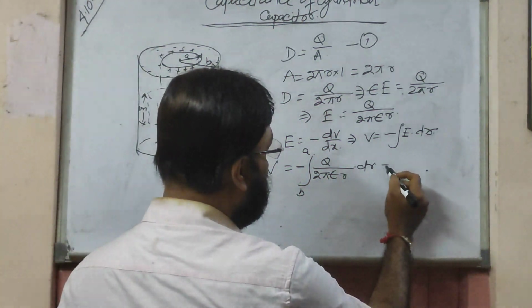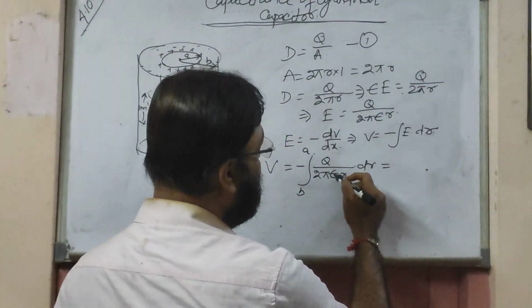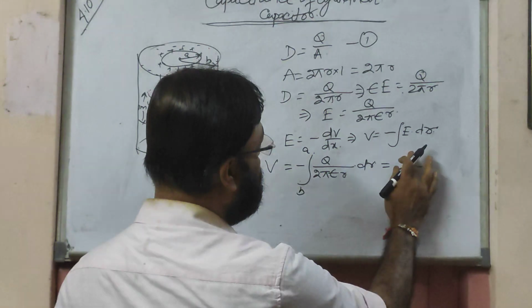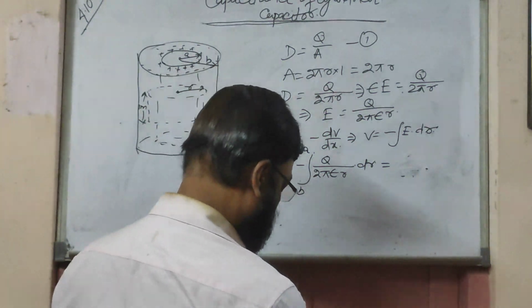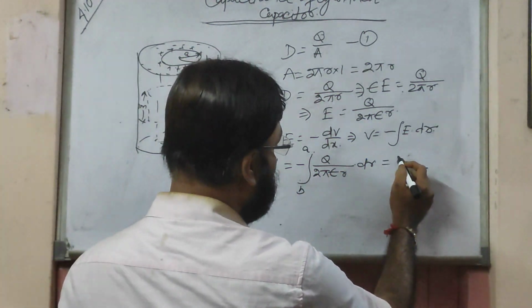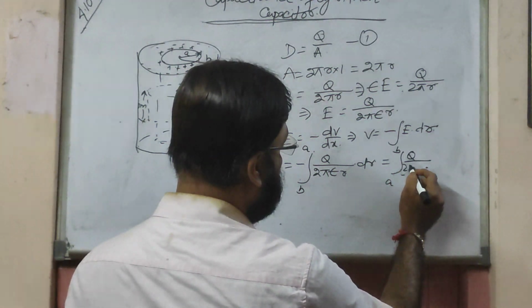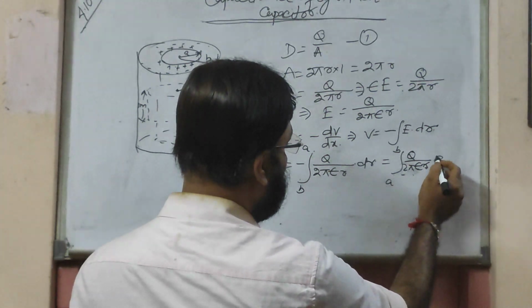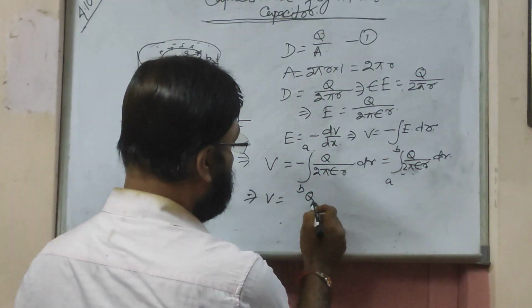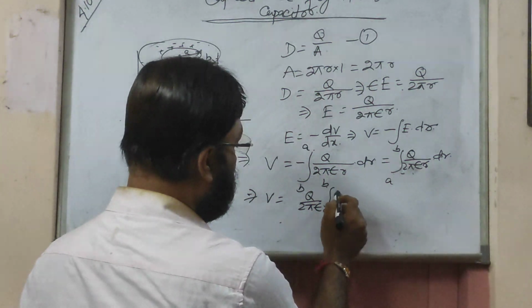Now if we take the integration, it will be minus Q by 2 pi epsilon, and if we change the limits, it will be from A to B, with Q by 2 pi epsilon r dr. So V is equal to Q by 2 pi epsilon, which can be taken out, times the integration of dr by r.